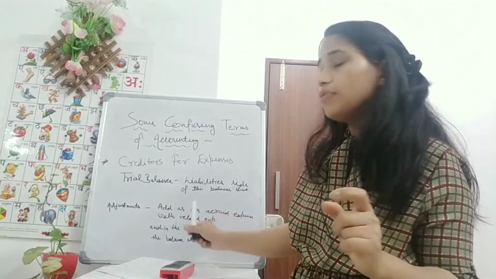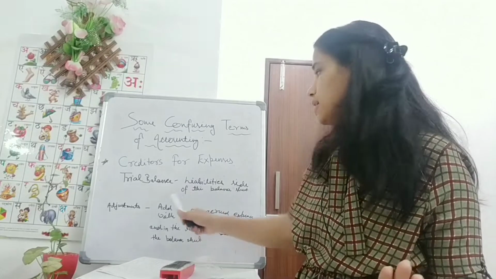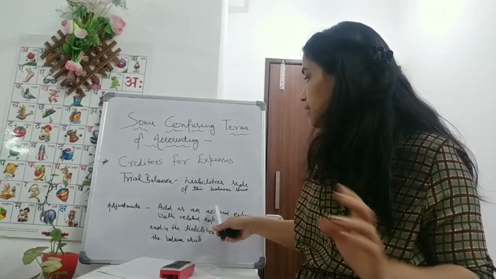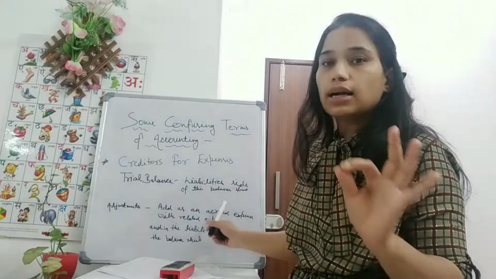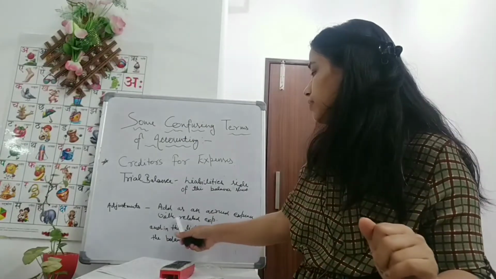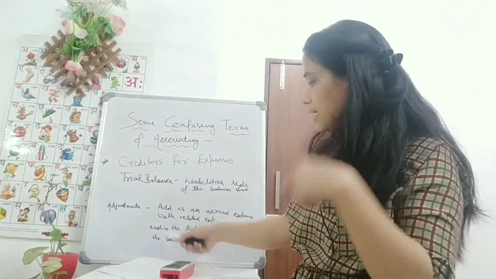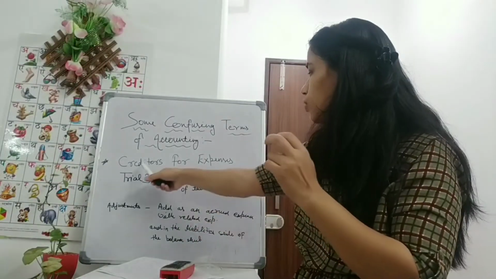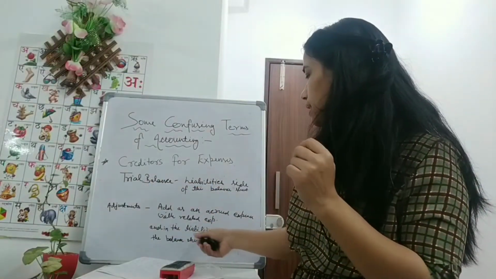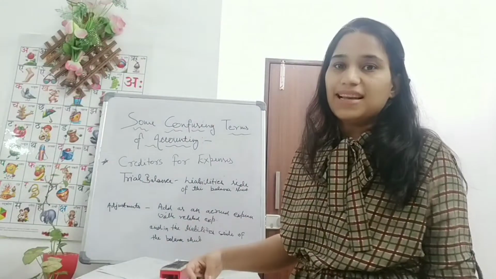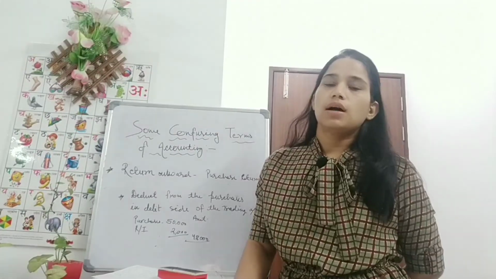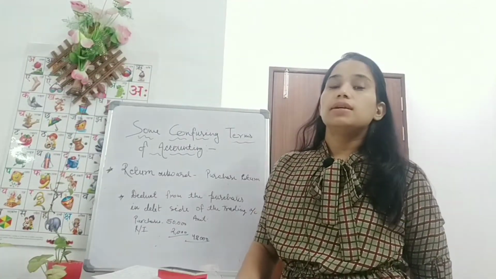But if it is given in the adjustments, then we will add these expenses as an accrued expense with the related expense for which it is given, and again we will show only this amount in the liability side of the balance sheet.